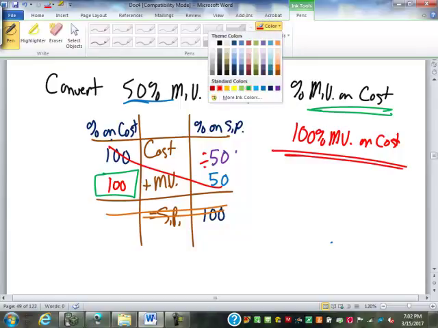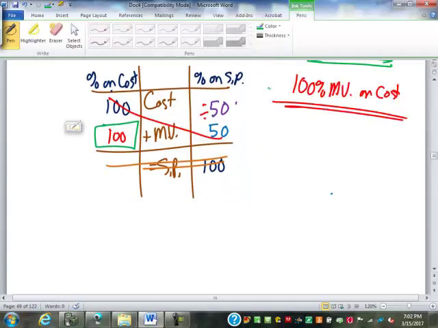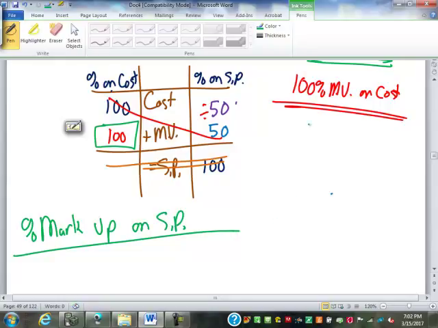A slight difference I should point out here, by the way. Percent markup on selling price will always be less than 100%.